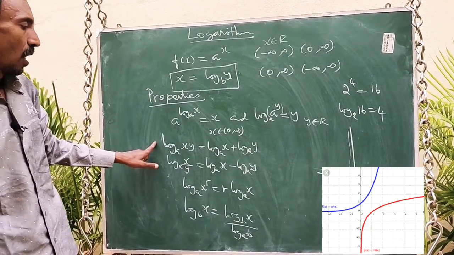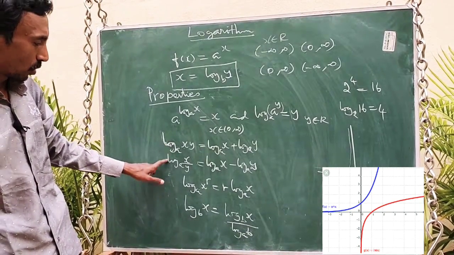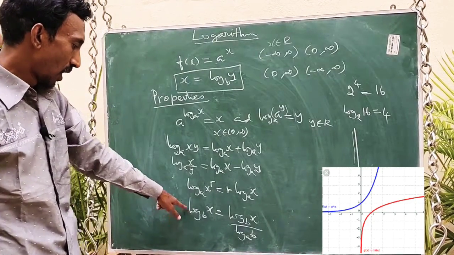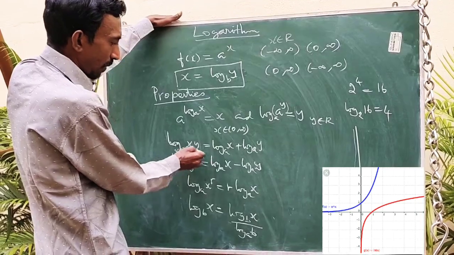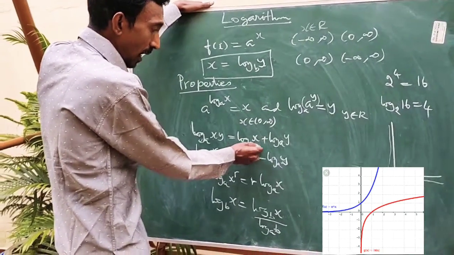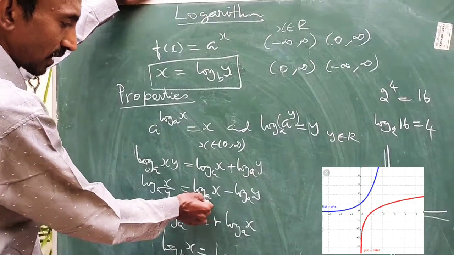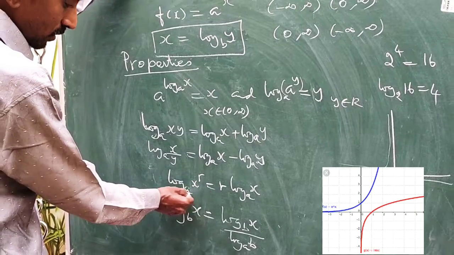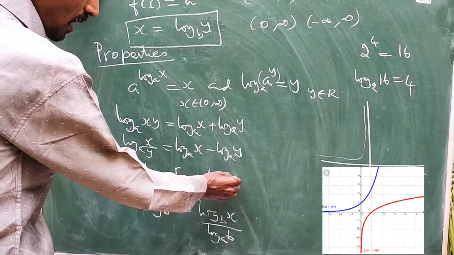Next, the second property is called the product property. Product rule, quotient rule, power rule, and change of base. Log x into y base a can be written as log x base a plus log y base a. Similarly, the quotient rule: log x base a minus log y base a. Log x power r base a can be written as r into log x base a.